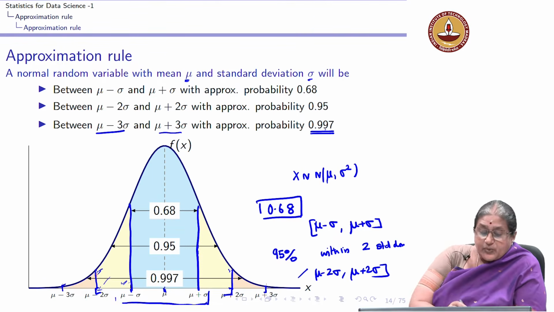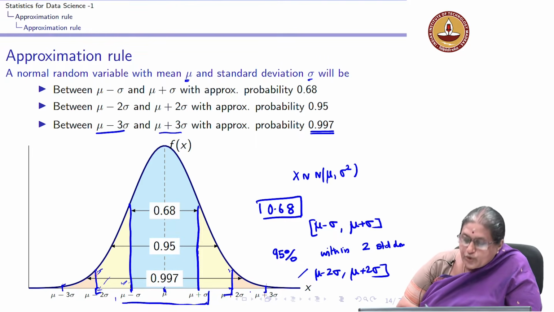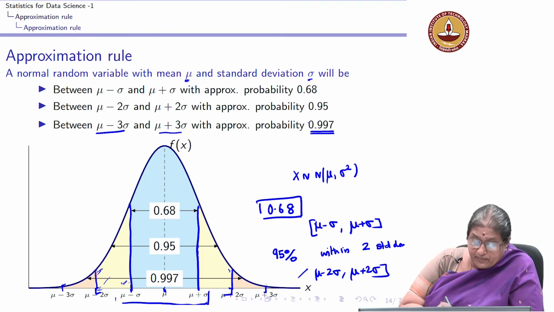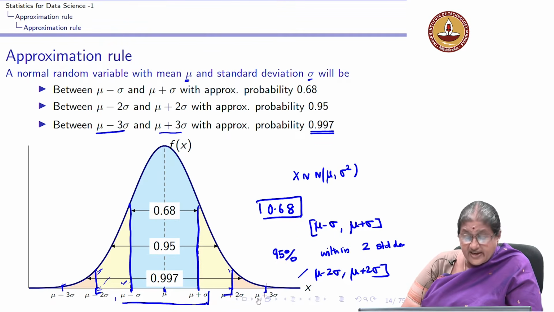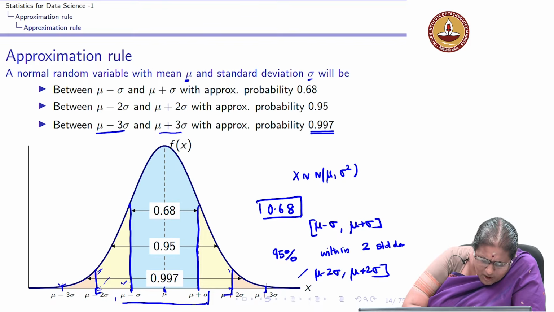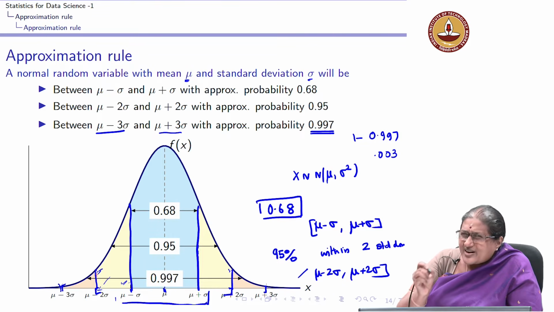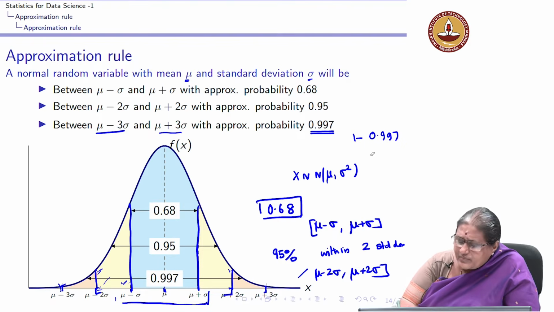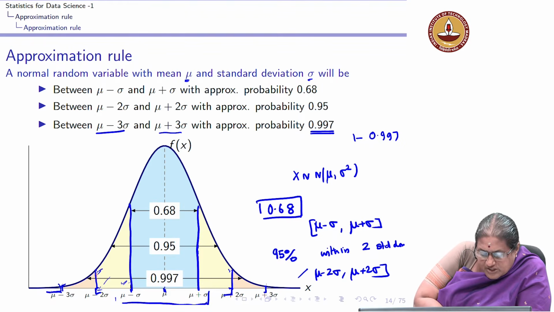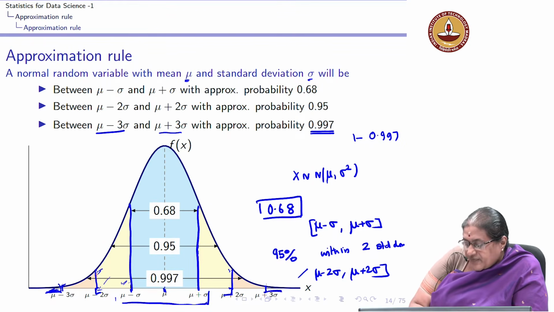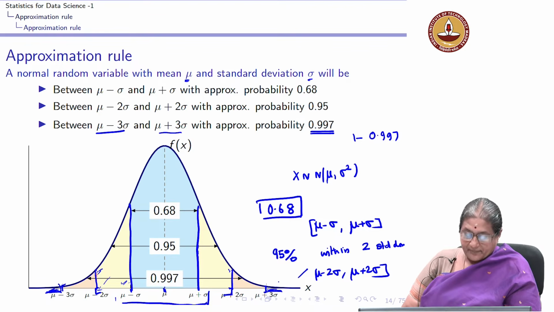So, you can see between mu minus 3 sigma to mu plus 3 sigma, 99.7% of the observations lie here, and a very small percentage, that is 1 minus 0.997, which is 0.003 or less than 1% of my observations, lie outside mu minus 3 sigma and mu plus 3 sigma.